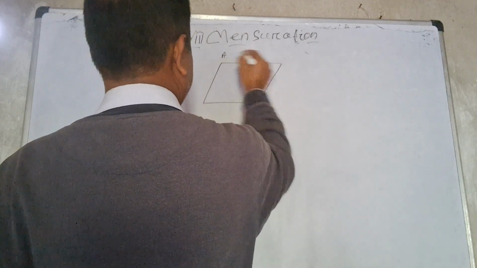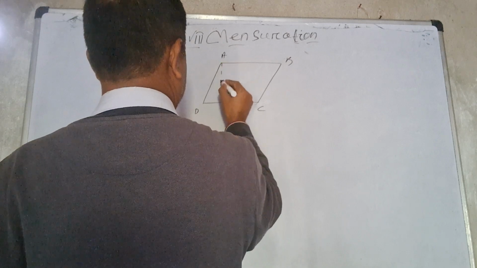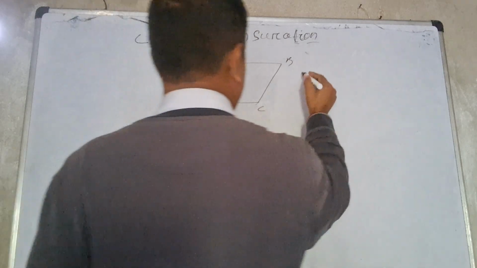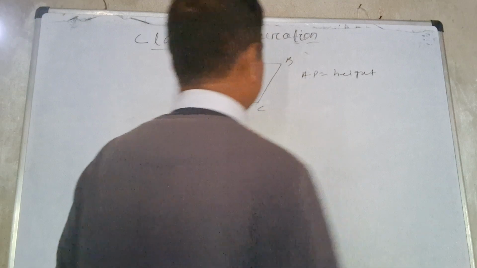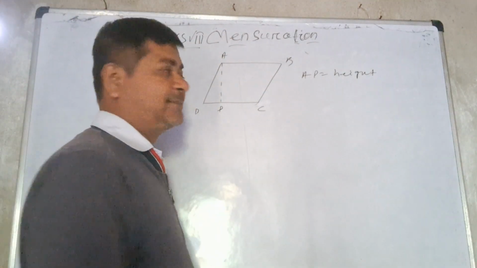ABCD is your parallelogram. This is the height of the parallelogram, AP. So AP equal to height of the parallelogram. Area of this parallelogram.